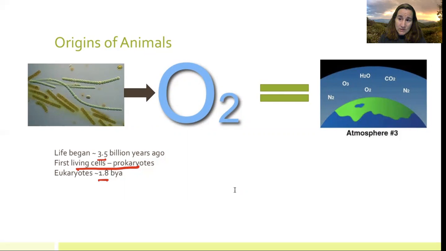So with these photosynthesizers that came along billions of years ago, they produce oxygen, and that oxygen terraformed the Earth. The whole Earth changed once these photosynthesizers came on the scene, and the oxygen levels started to spike up. They're actually lower than they were. They did kind of do a little peak, and now they're a little bit lower, present day.